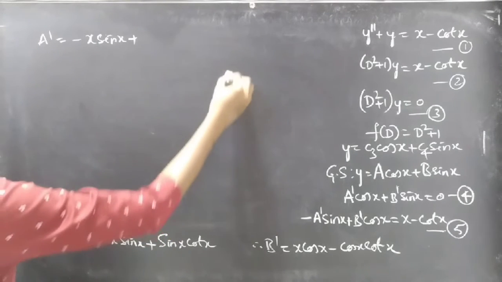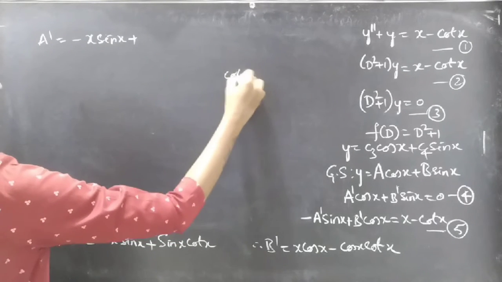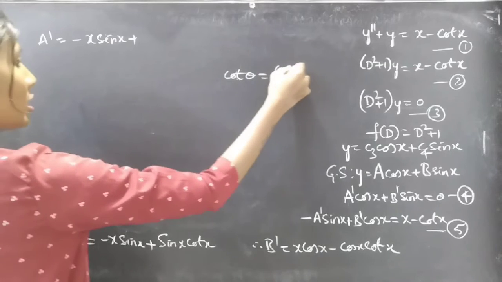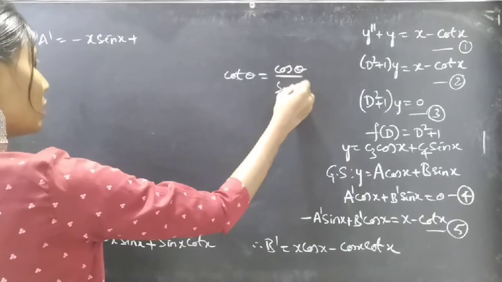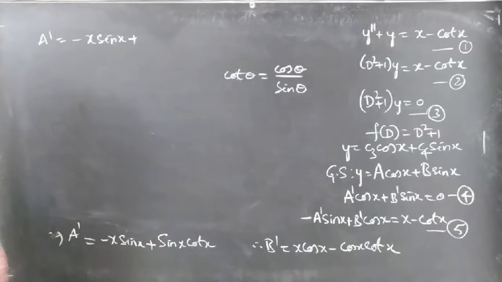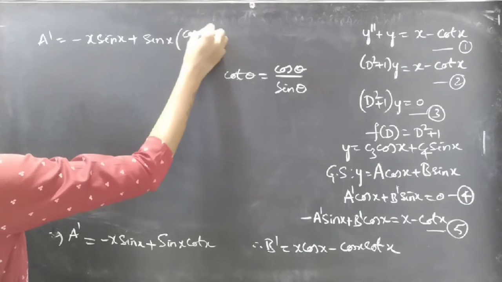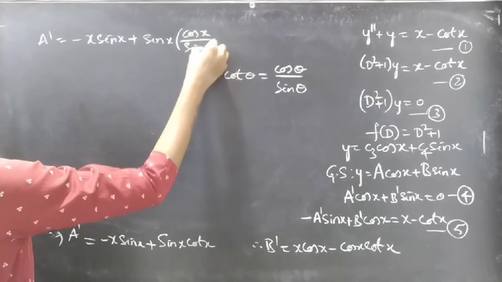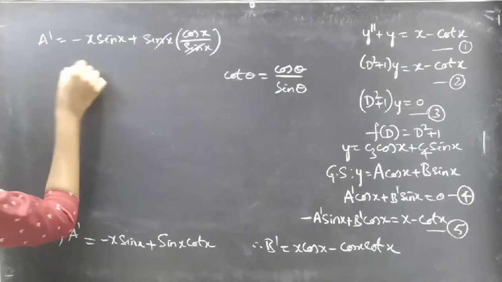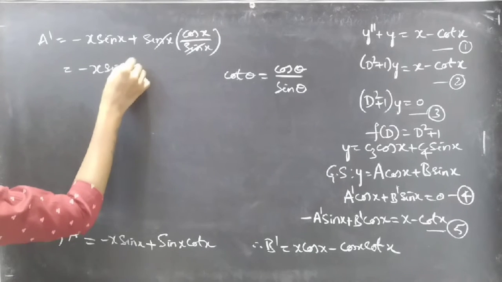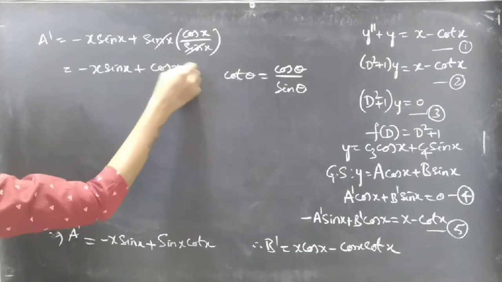Or we have a dash equals minus x sin x plus sin x cot x. Right? Since we know that cot theta equals cos theta by sin theta, let's replace cot x with cos x by sin x. Then this becomes sin x into cos x by sin x, where sin x gets cancelled, and this results in minus x sin x plus cos x.